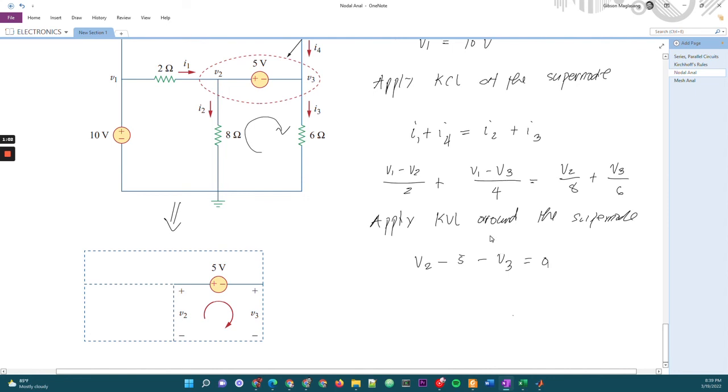Okay, so we have V2 minus 5 minus V3, or in simple terms, V2 minus V3 equals 5. Okay? So we have this equation.